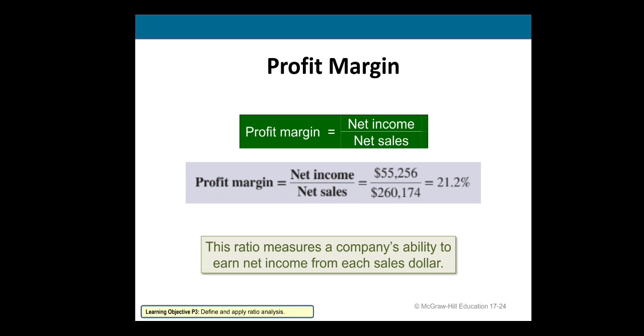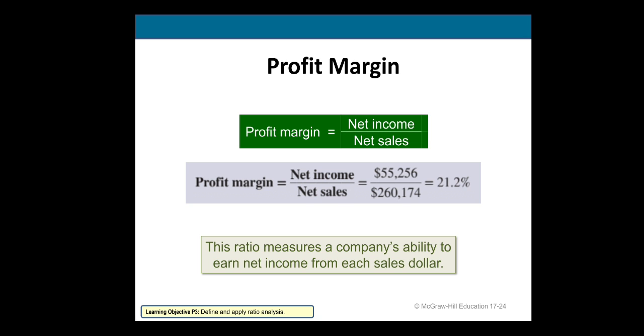21.2 cents net profit. So if there are two companies, one company is like this, with a profit margin ratio of 21.2%. Another company has a profit margin ratio of 17%. So which business is better? This business or the other business? The answer is this business, because for every $1 the business sells, the profit it can get is 21.2 cents.